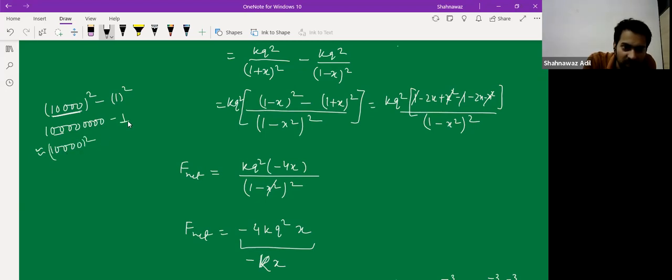So if this quantity is very small, we can neglect that. In the question, it is written that x is very, very much less than 1. So this quantity is very big with respect to this. Similarly, we can neglect this. Is it clear now? Yes, sir.